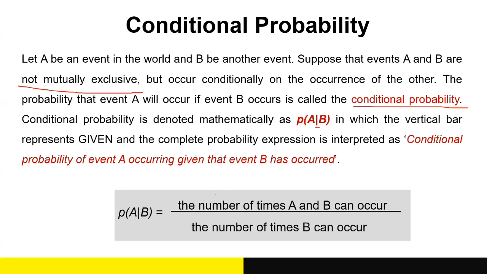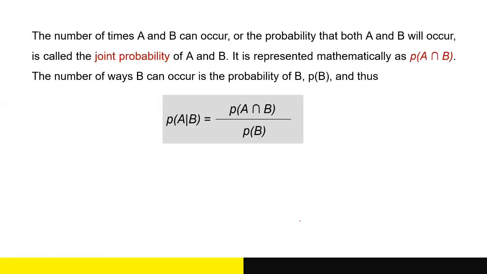So we have here the expression for the conditional probability, where the conditional probability of event A occurring given that event B has occurred is equal to the number of times A and B can occur divided by the number of times B can occur. So the number of times A and B can occur, or the probability that both A and B will occur, is called the joint probability.